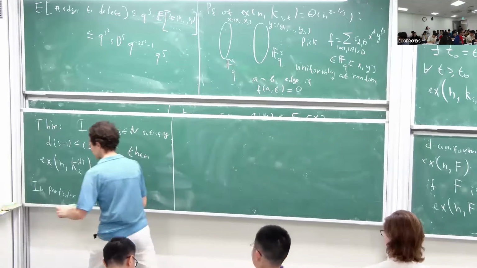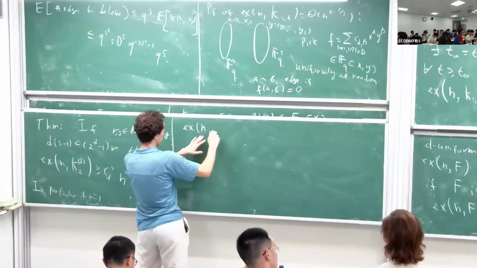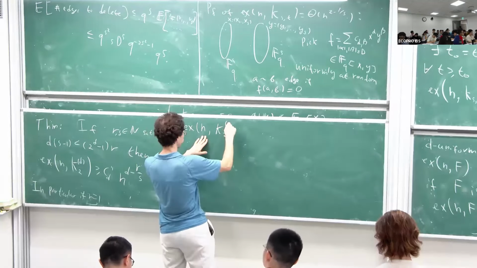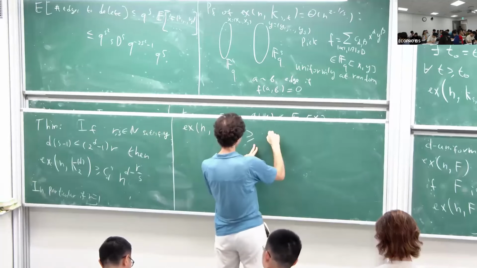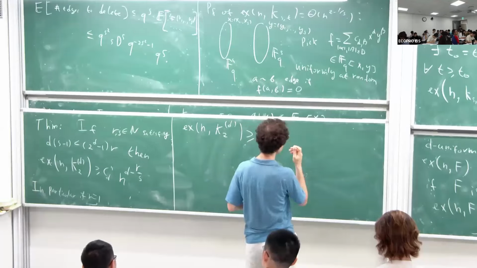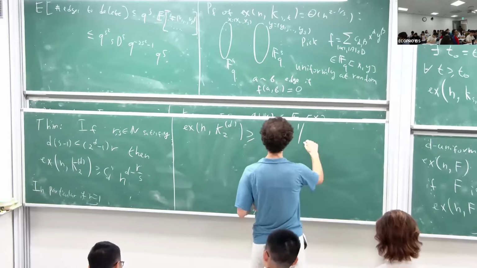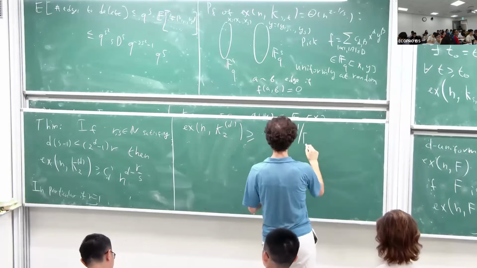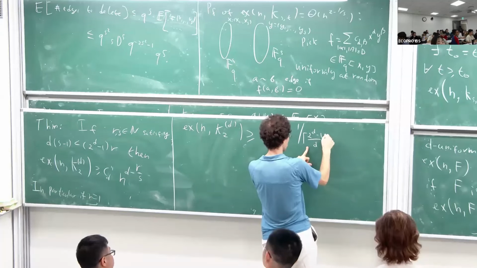We're going to get that the extremal number is bigger than n to the power d minus 1 divided by the ceiling of 2 to the d minus 1 over d.